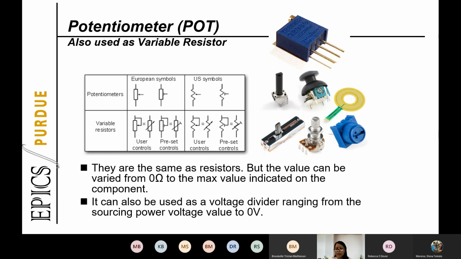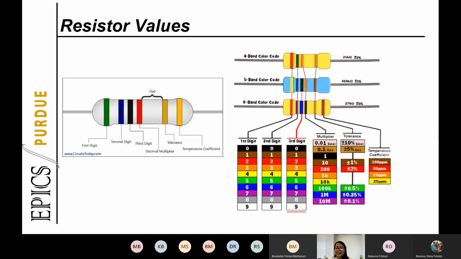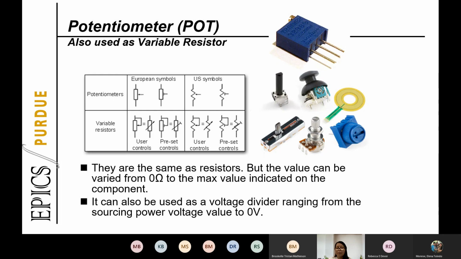The previous resistor that I was talking about has a fixed resistance. So you can see with the color code, you have a fixed resistance, so you cannot change the value of that. However, in the potentiometer, we can change the resistance, so it's variable.